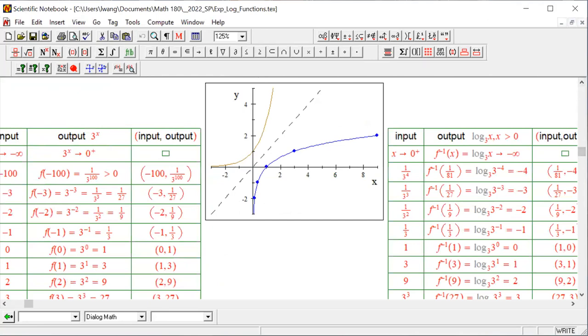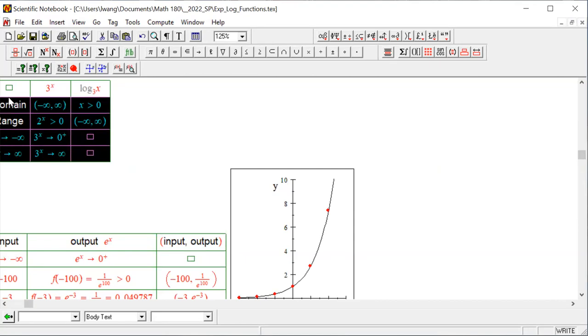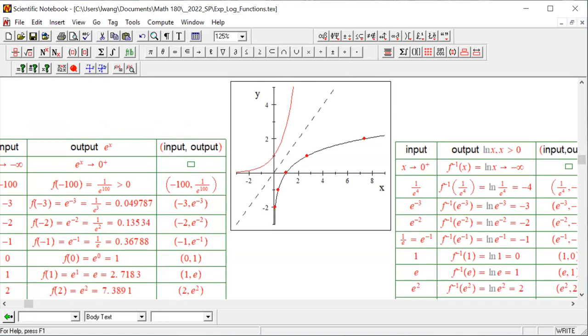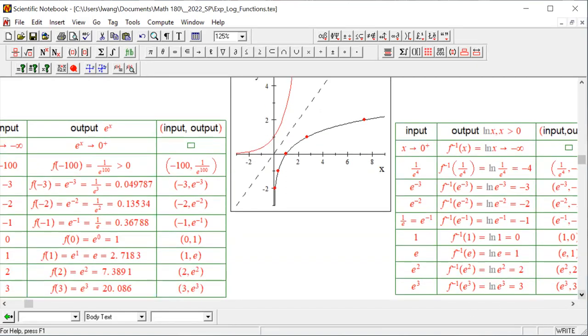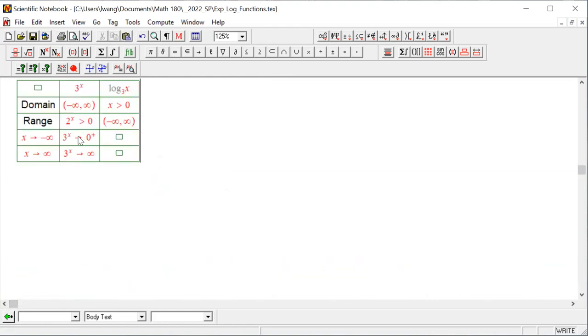As you can see, in terms of domain and range, we have seen these summaries before, right? We have seen this many times over. And now we're going to bring them together in another way of comparison, okay?